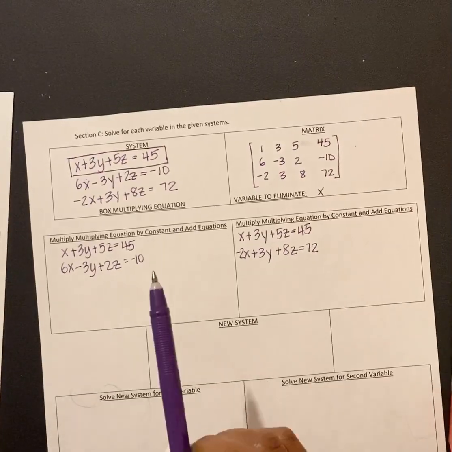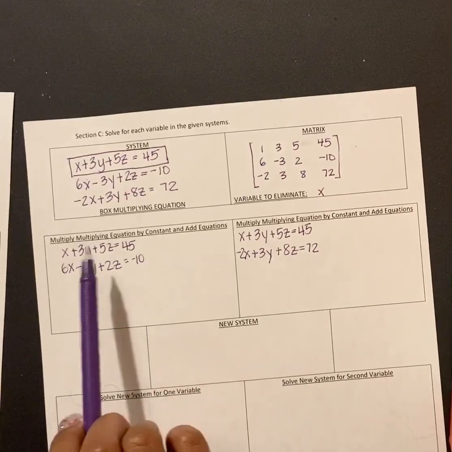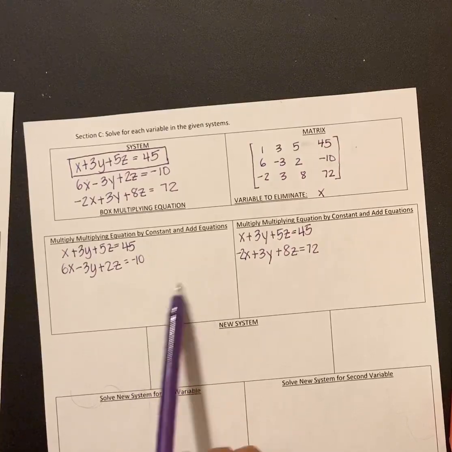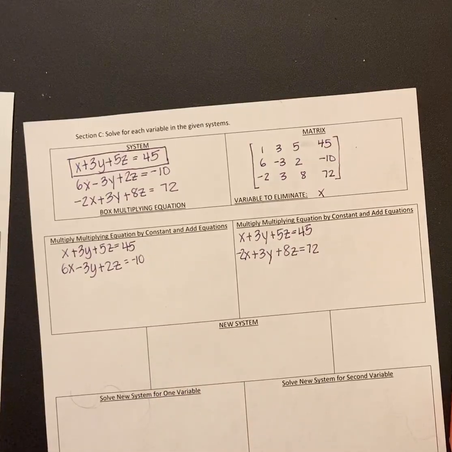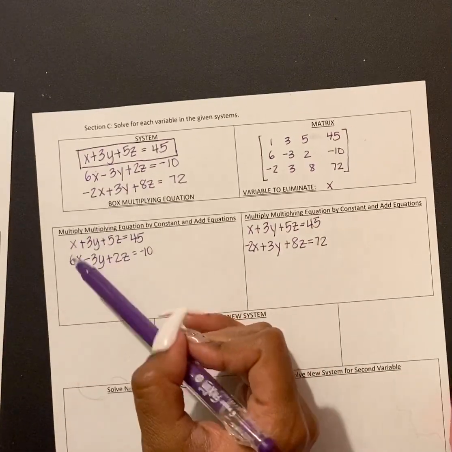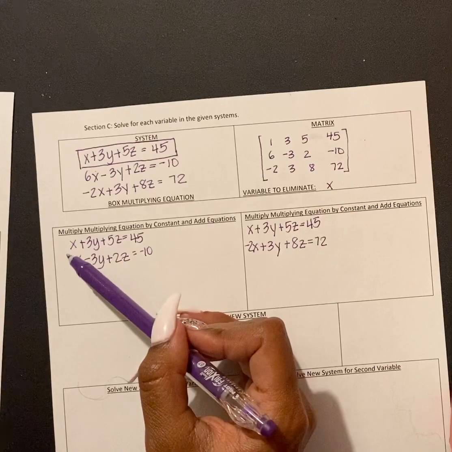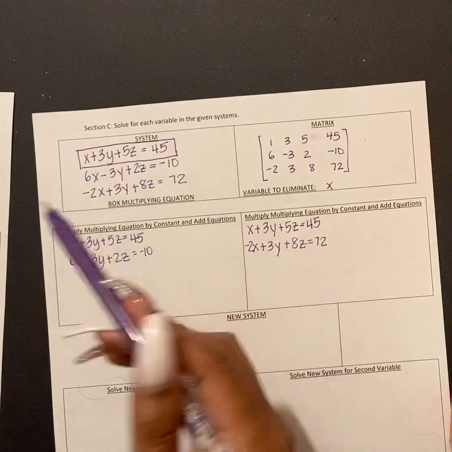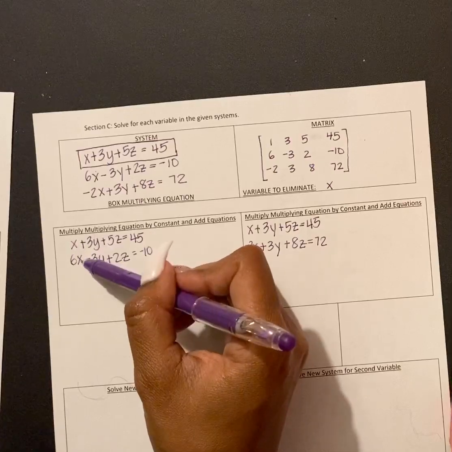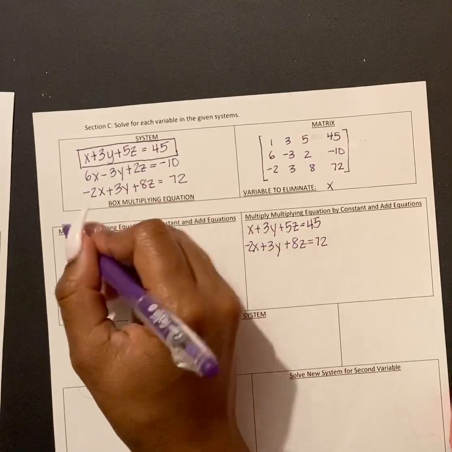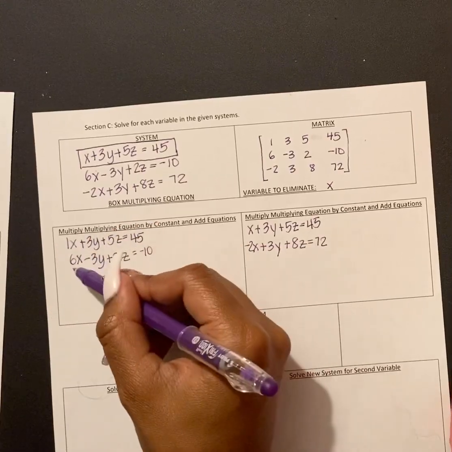And you want to give yourself enough space to have at least kind of like half of the box left. All right. And so now I want to eliminate x. This goes back to that same section where we were talking about solving systems of equations. And we said, to eliminate the x's, the coefficients need to be opposites of one another. So my coefficient here is a 1, and I have a 6.